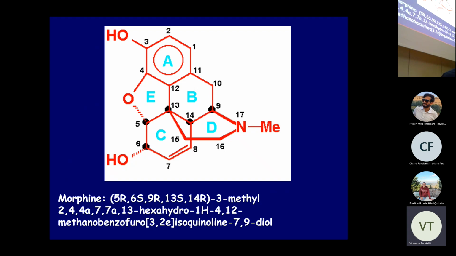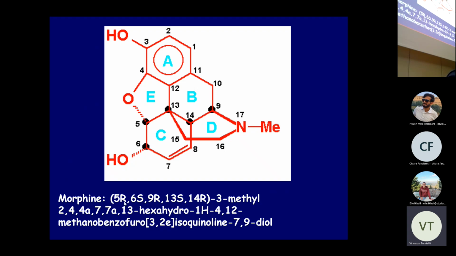The active morphine, it's easy to remember, is 5R, 6S, 9R, 13S, 14R. So the absolute configuration is alternate. You see R, S, R, S, R. So it's easy to remember.